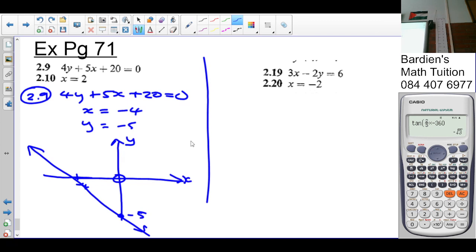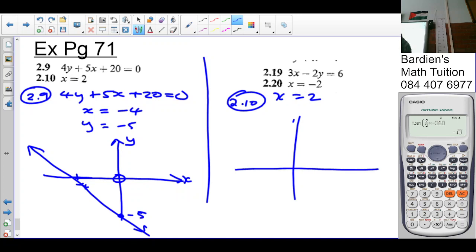Okay. 2.10. X is equal to 2. There we go. It's 1, 2. 2 on your x. No? For those of you who have 2 x's. Right? Oh, obvious. We have 2 x's. Right? That will be parallel to your y axis.